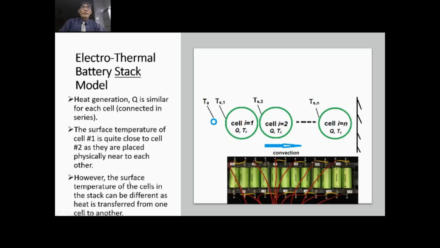However, the surface temperature of the cells in the stack can be different as the heat is transferred from one cell to another. The heat can be different because the convection is moving from the left to the right, so the heat actually travels from the left to the right as well. This is something that will be taken into account.